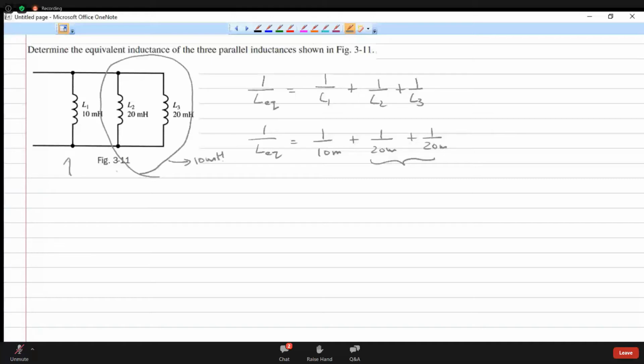Now this 10 millihenry is parallel with this 10 millihenry. So the result will be 5 millihenry. Any doubts in that? No, sir. Shall we proceed? Okay.